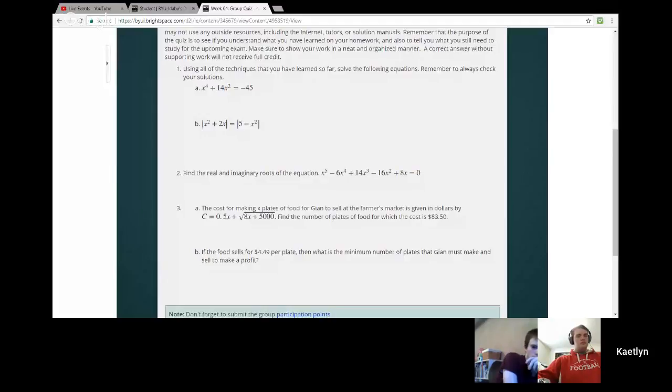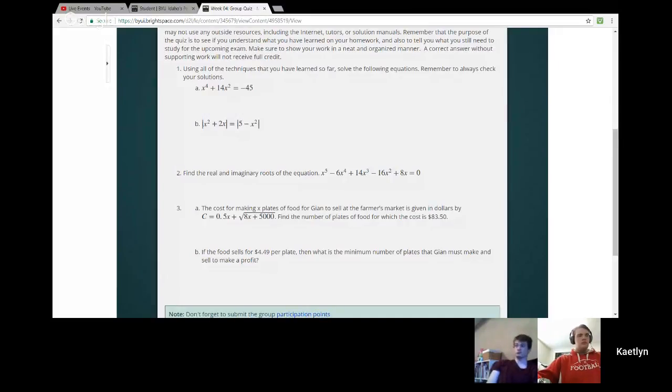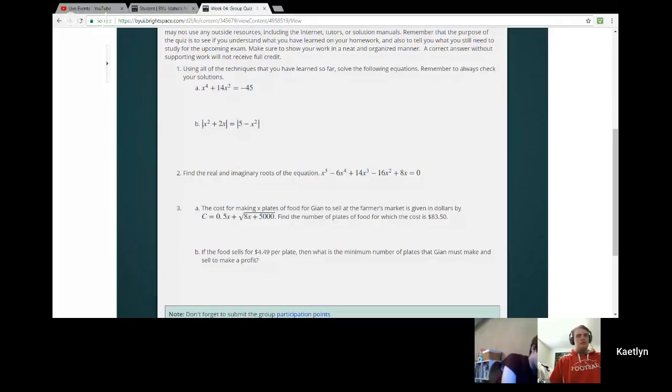Find the number of plates of food which cost $83.50. So pretty much we can just make this all equal to $83.50. So $83.50 equals 0.5x plus the square root of x squared plus 8x plus 5,000.